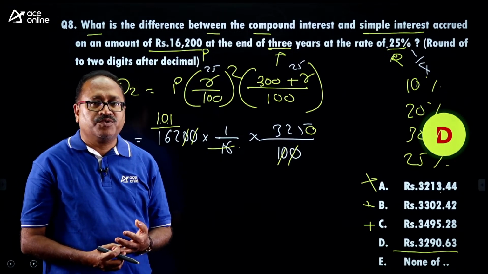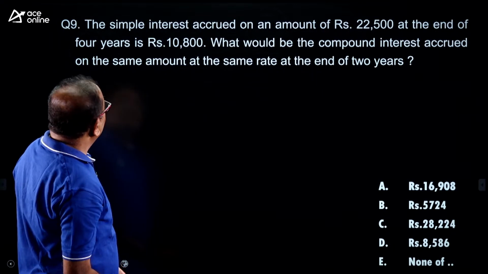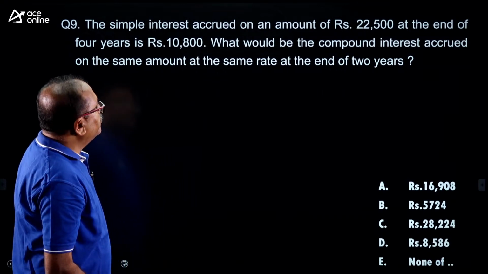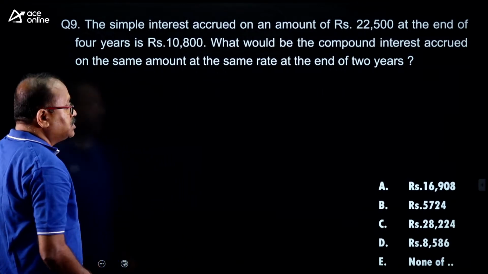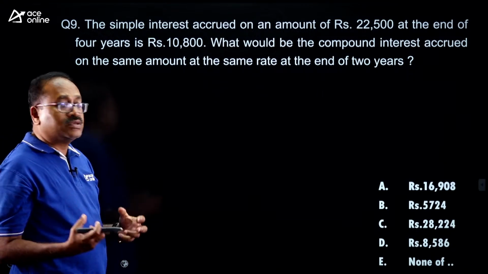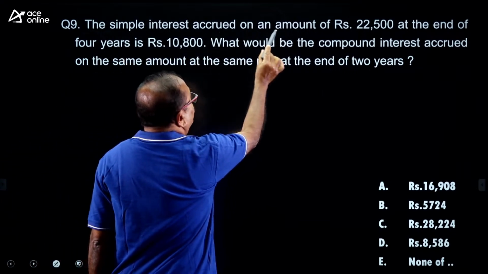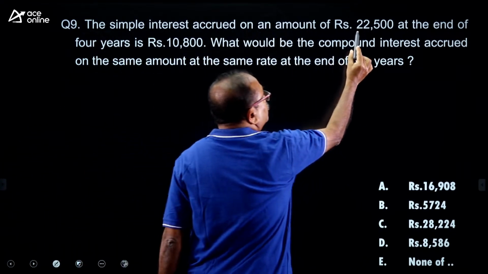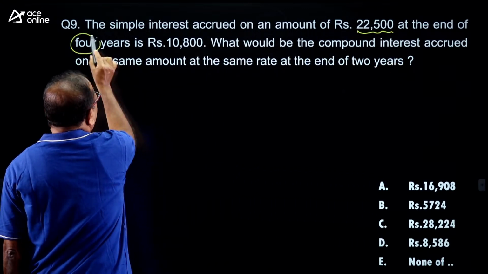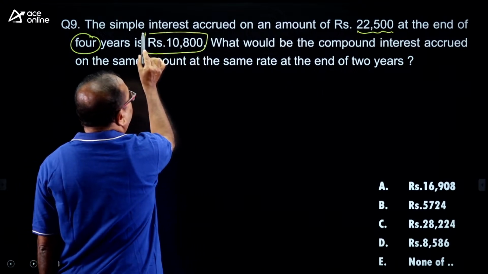Your next question on the board is this. Now, in the very conceptual part we are discussing here, your concept will be very, very strong. The simple interest acquired on an amount of rupees 22,500 at the end of 4 years is 10,800.